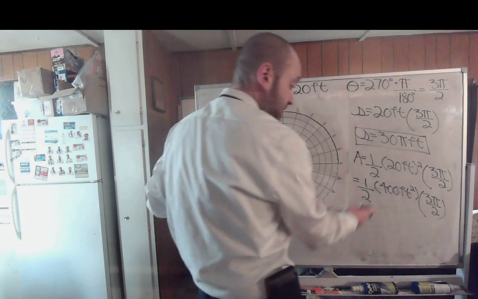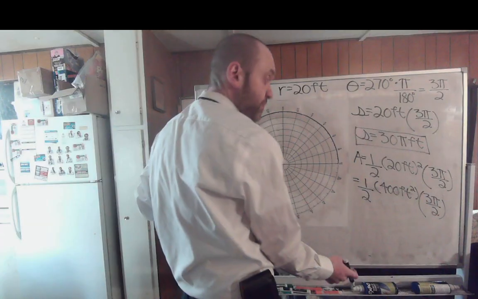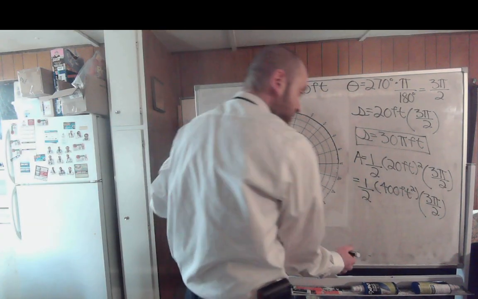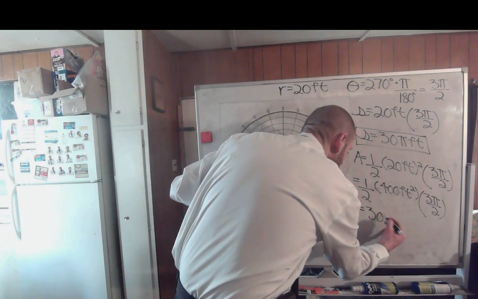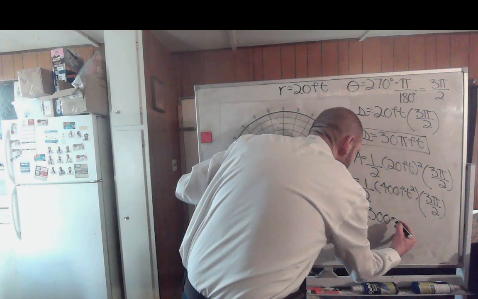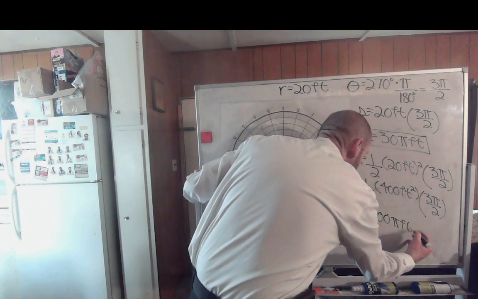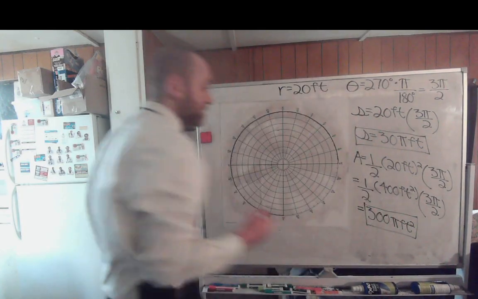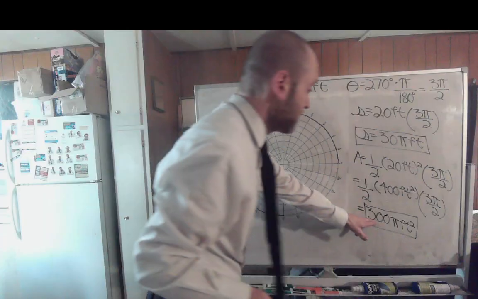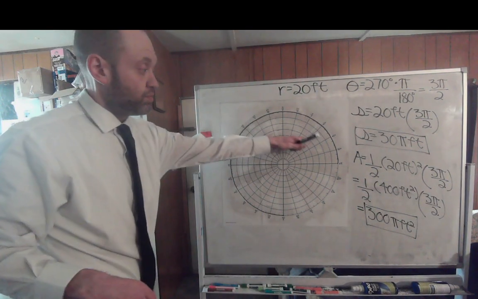While in the denominator 2 times 2 is 4, 400 divided by 4 is 100. So I should get 300 pi square feet. So the area of that sector should end up being 300 pi square feet for this whole area.